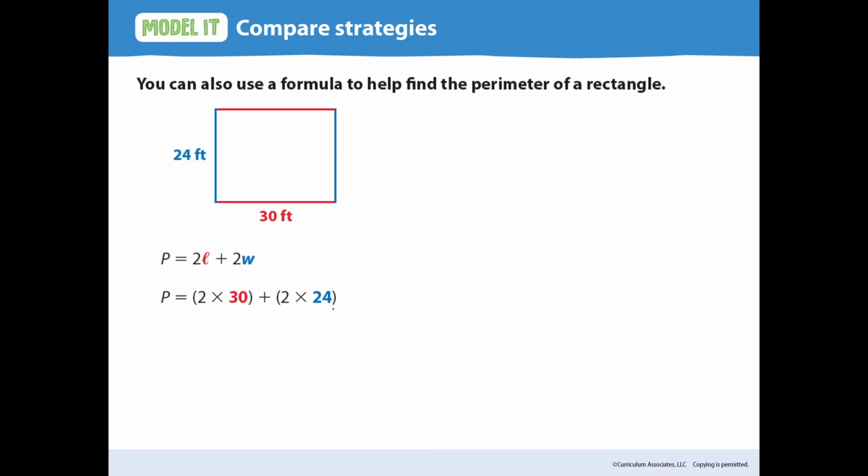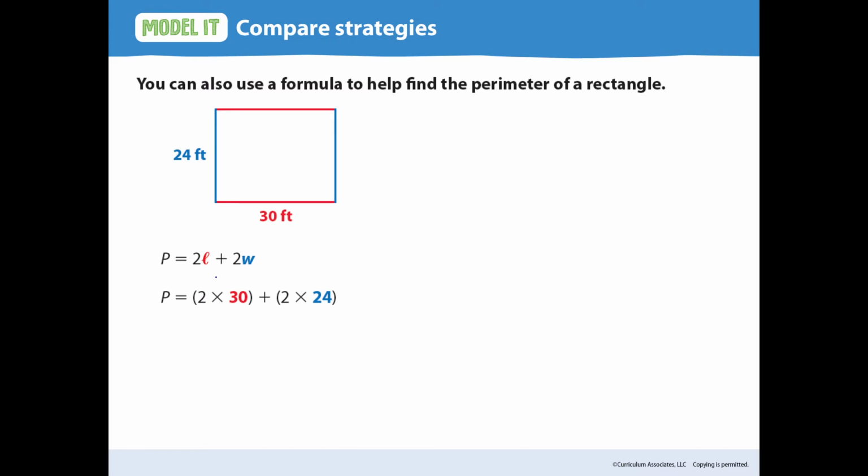Another strategy that you could have used to solve this problem is to use a formula to find the perimeter of the rectangle. The formula for perimeter is 2 times the length plus 2 times the width. Because there's 2 lengths, you can multiply the length times 2 to find the total of the lengths. And because there's 2 widths, you can multiply the width times 2 to find the total of the widths.